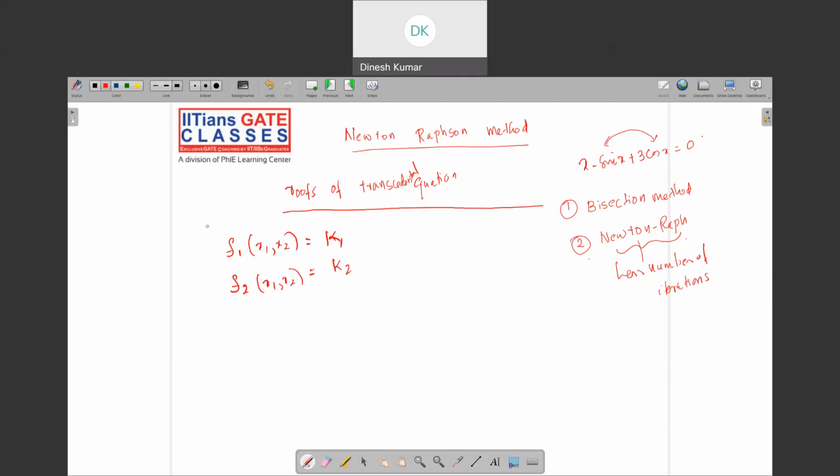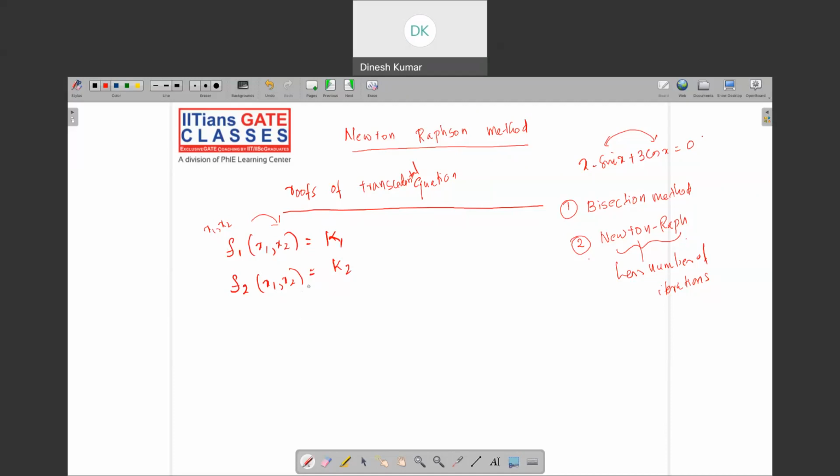So we have to find x1 and x2 which satisfy this condition. We use this kind of thing in daily life, like most of the equations in power systems or in engineering may not be linear. There are going to be non-linear equations and transcendental equations, so everything can come.